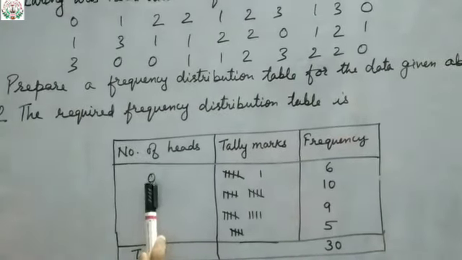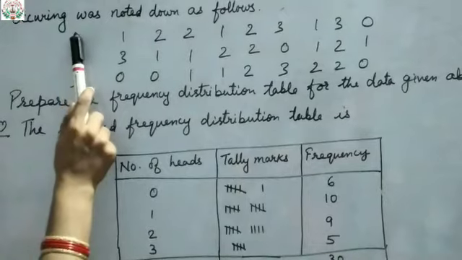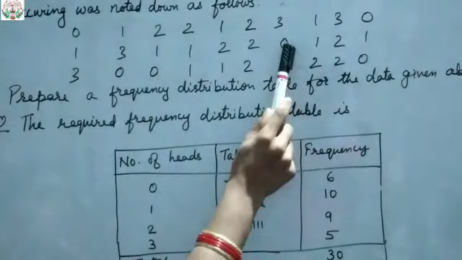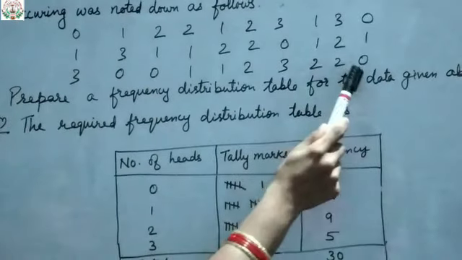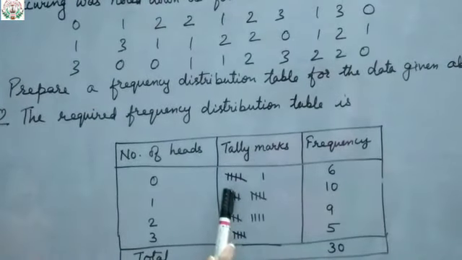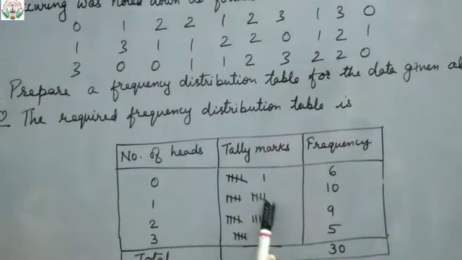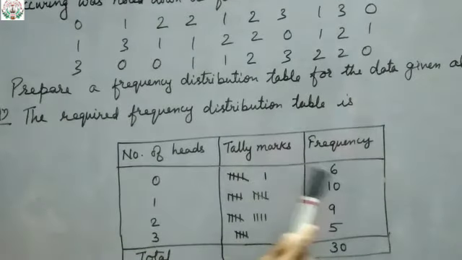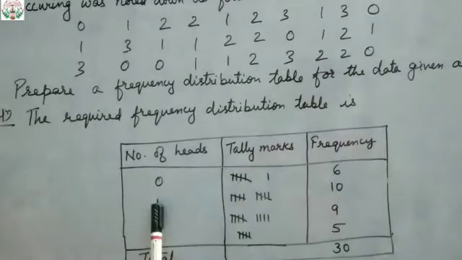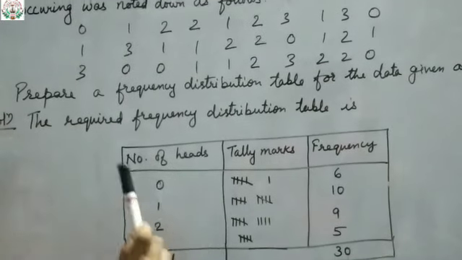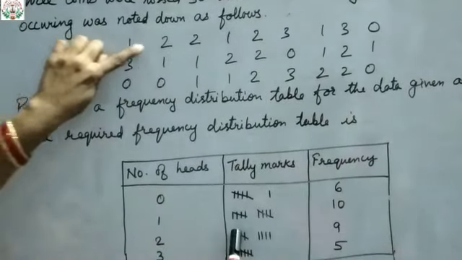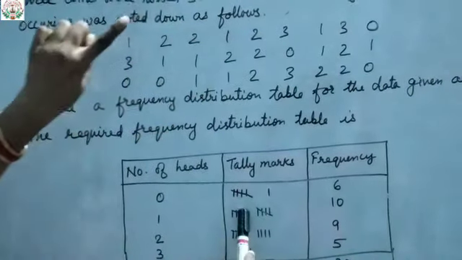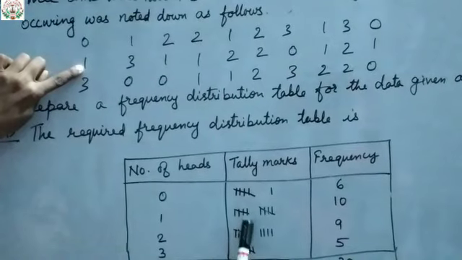Now 0, how many times did it appear? Once, then you can see 2, 3, 4, 5 and 6. So here for tally marks you can see 1, 2, 3, 4 and the fifth is a cross line. So 5 plus 1, 6. Clear? Same way, tally marks for 1. Here 1, so 1 line. Then again 1, so 1 more line, and another line.